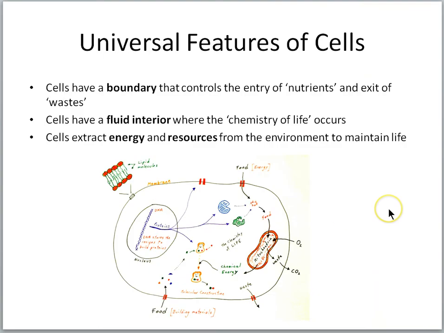All right, it's time to summarize then what we've learned. Let's take a look at some of the universal features of cells. All cells have a boundary that controls the entry of nutrients and the exit of wastes. All cells have a fluid interior where the chemistry of life occurs. All cells extract energy and resources from the environment to maintain life.